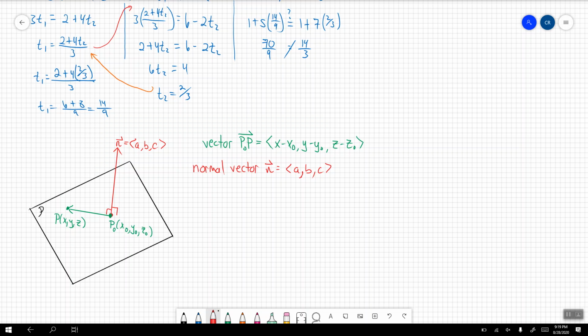Or in other words, they must be orthogonal. So notice that n and vector P naught to P are orthogonal.